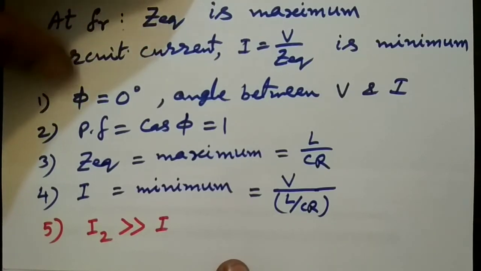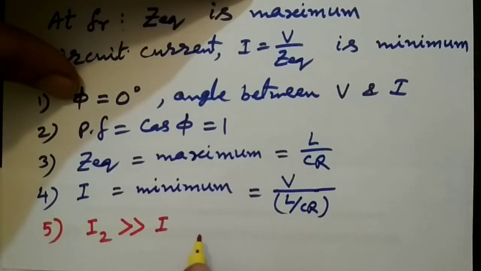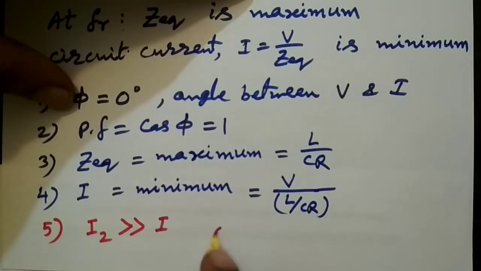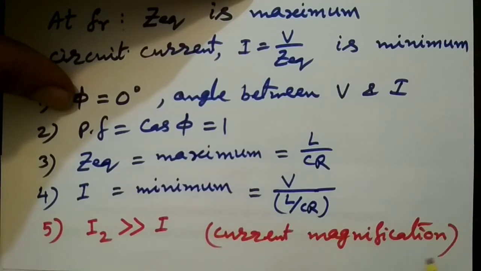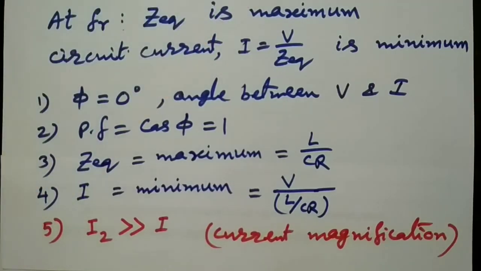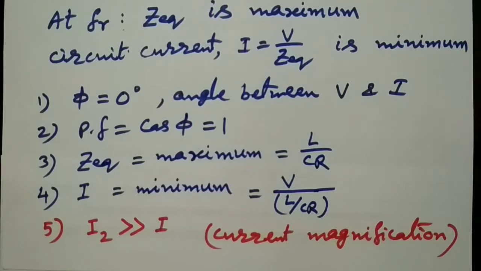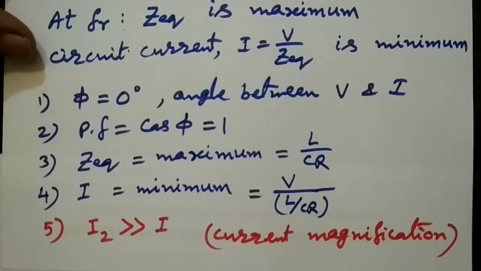Therefore, it can be considered as a current magnification. In case of series resonance, we have seen that there was voltage magnification, but in case of parallel circuit, the current can be magnified. That's why the parallel circuit also sometimes called as the current resonance.